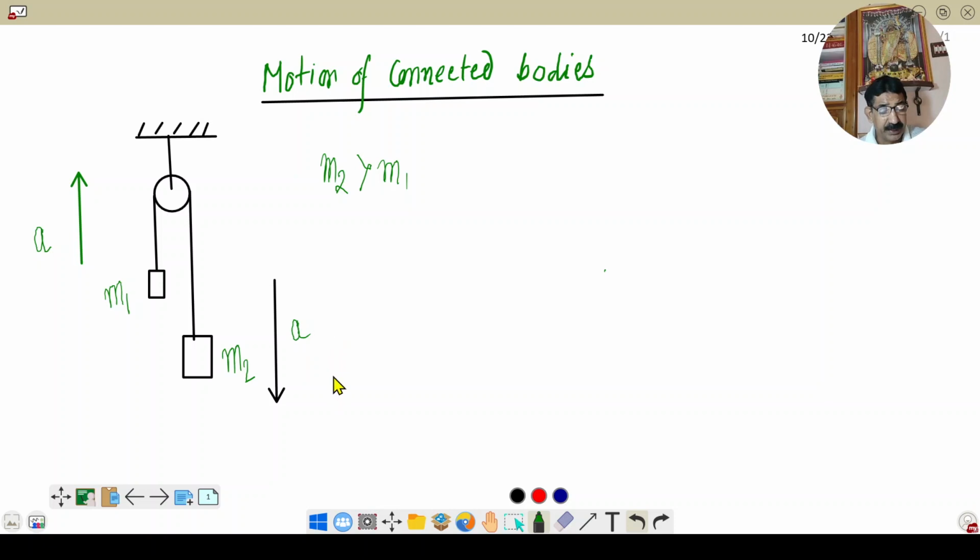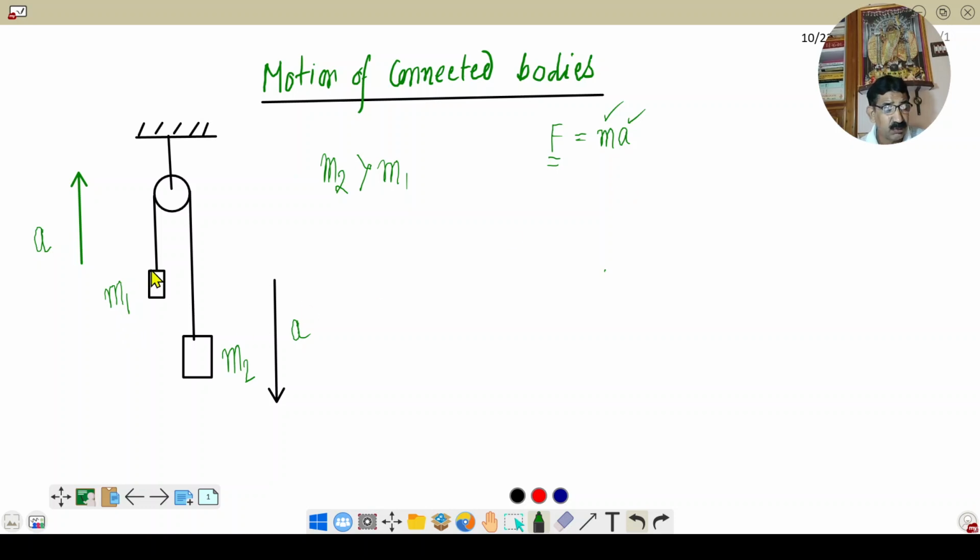This is also A. And we know the most fundamental principle of Newton's laws of motion: force acting on a body is equal to M into A, where F is equal to force acting on the body, M is equal to mass, and A is equal to acceleration.